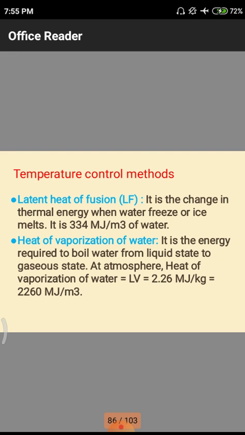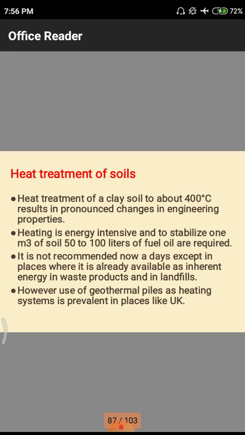In the previous case, we are treating ice, using 334 million joules per meter cube. But here we are converting liquid to gaseous state, utilizing 2260 million joules per meter cube of energy.